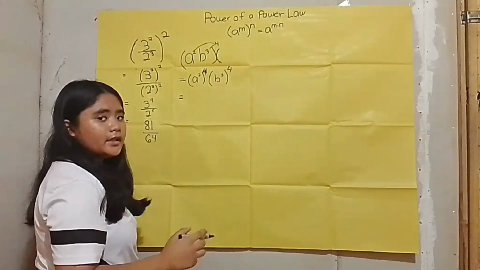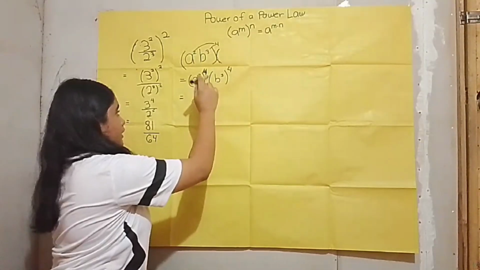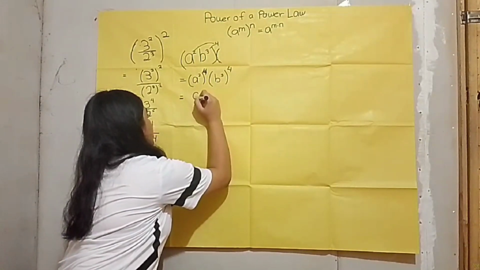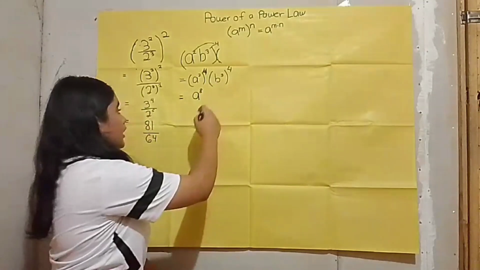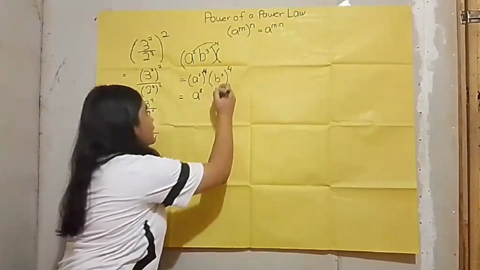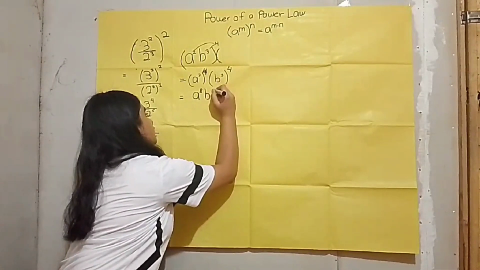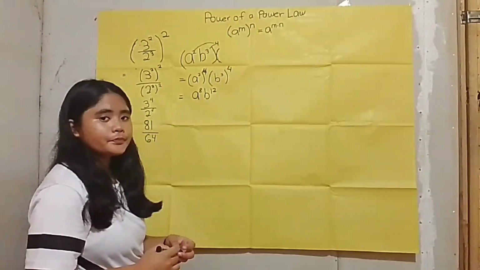Next is simplify, multiplying the exponents. So 2 times 4 equals a to the power of 8, and 3 times 4 equals b to the power of 12, and that's the answer.